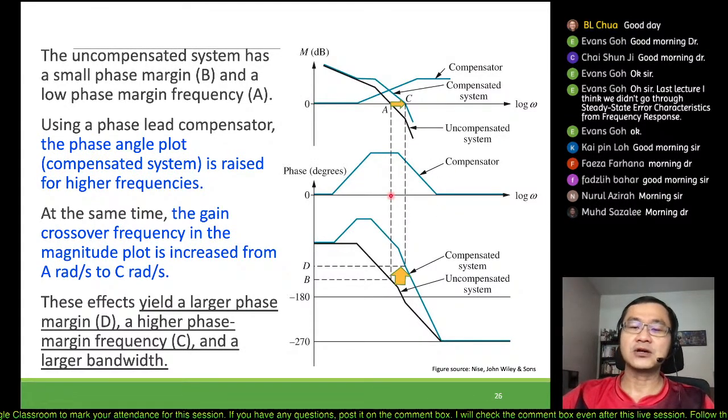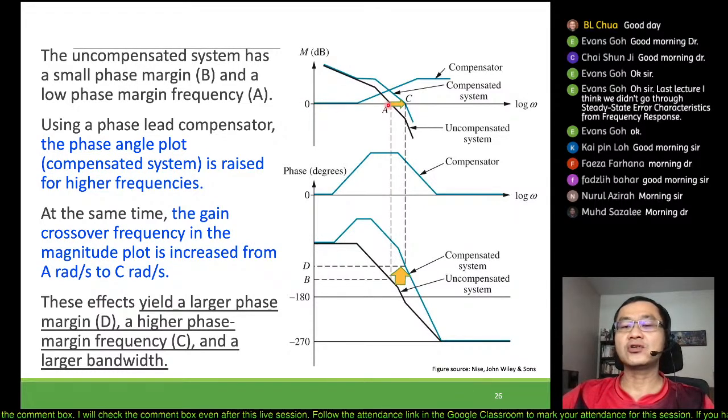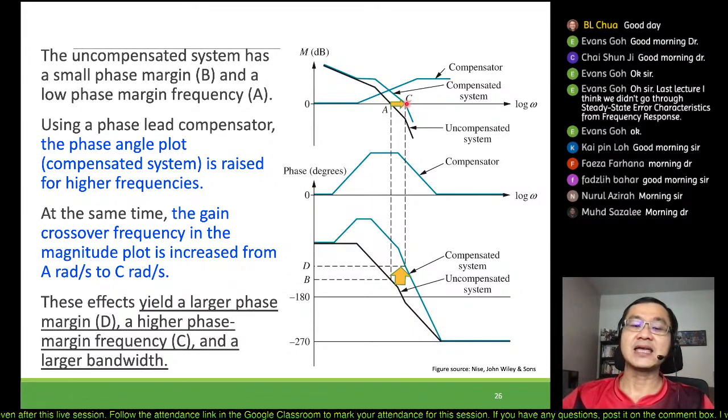The corresponding effect of this lead compensator is that the phase plot is now raised for a higher frequency. From this particular point, it is being raised up, and because of the raising up, this point A, which is the intersection with the 0 dB line, is now shifted to point C, which is at a higher frequency.